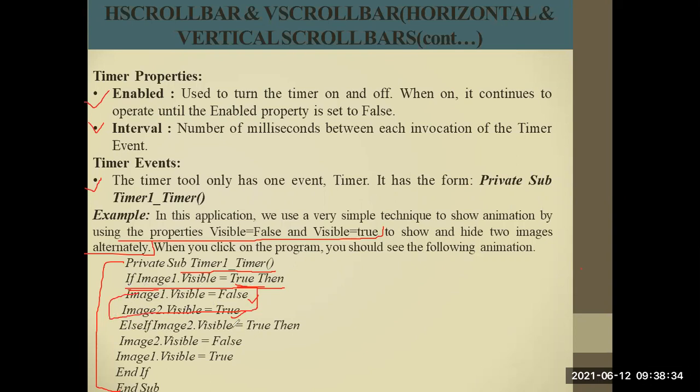In this way, we can display two images in an alternate way with the help of a timer. We are placing a timer and assigning a time interval to each of these images, so that from the user's point of view, the images are alternately visible.